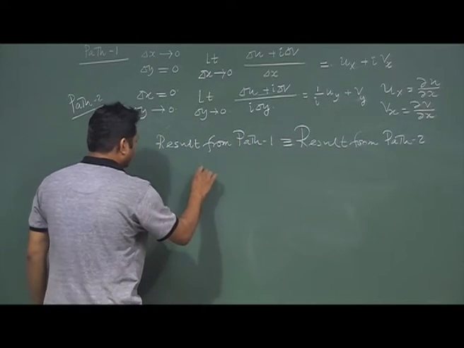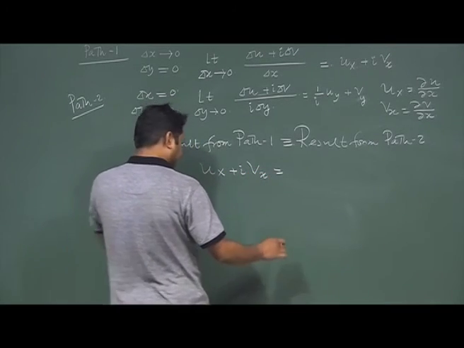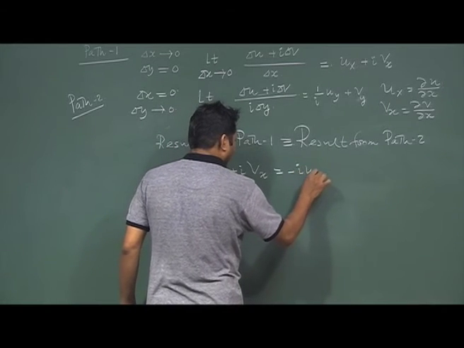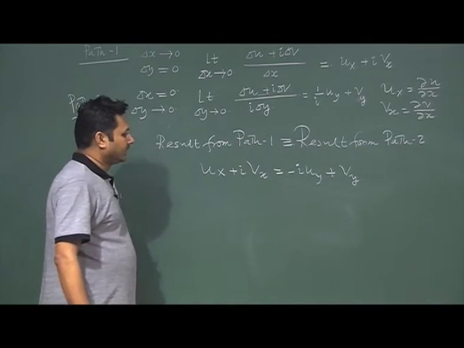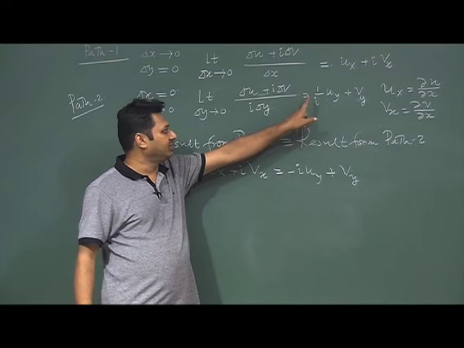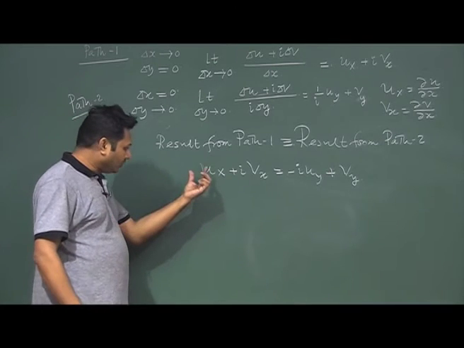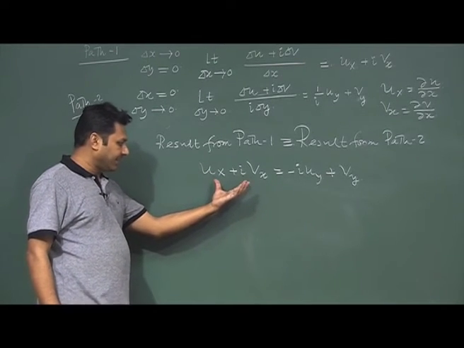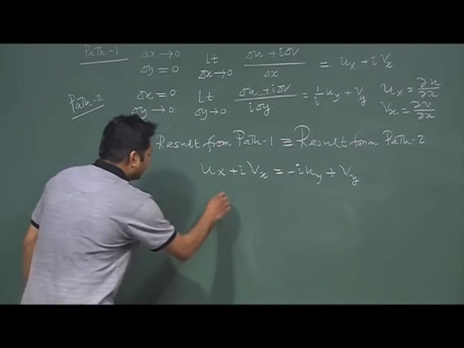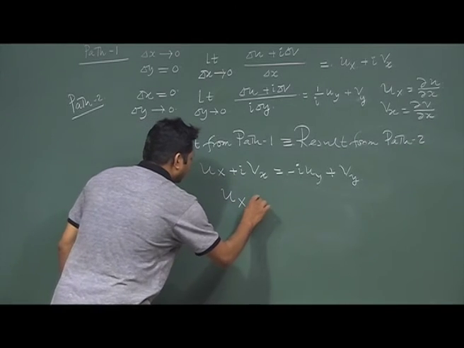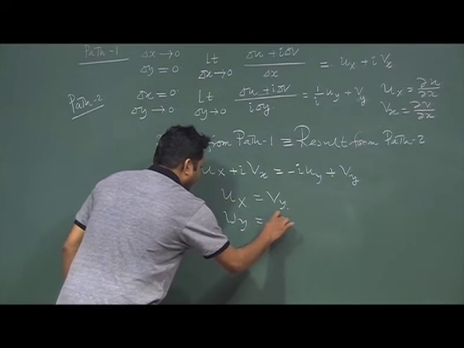So let me simply write the equation: u_x plus i v_x has to be equal to minus i u_y plus v_y. This minus comes because this i is here; I just multiply by i and then it becomes minus i. Now I know that if two complex quantities are the same, then the real part and imaginary part are the same. So if I write this individually, then u_x is equal to v_y and u_y is equal to minus v_x.